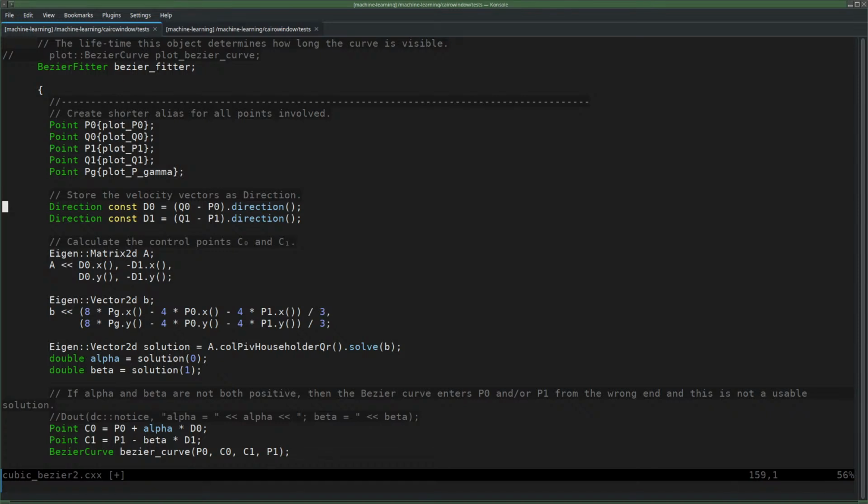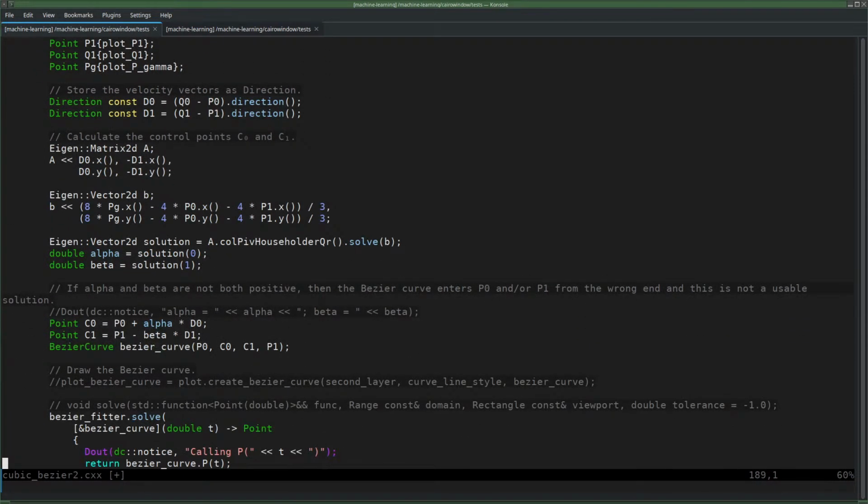I'm wondering if I can get rid of this direction here. So now we have a direction vector. That's a unity vector, a vector in the direction of, say, the velocity of the curve with a length of 1.